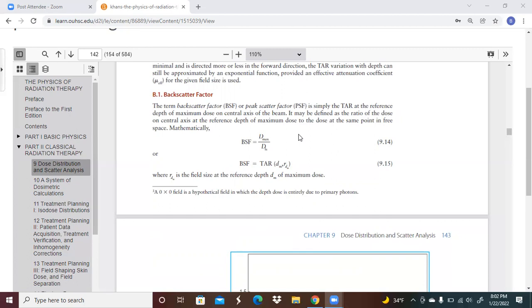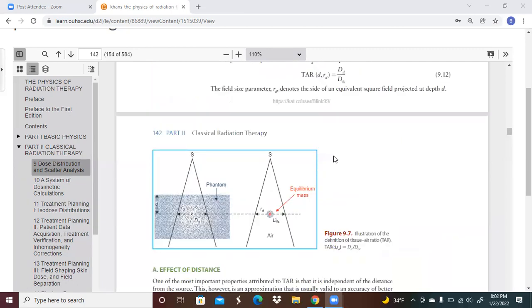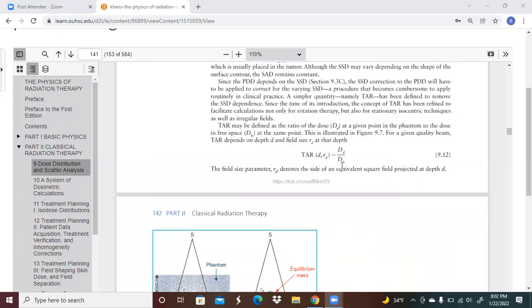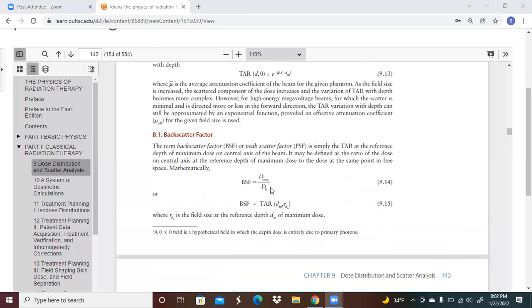It can be defined as a ratio of the dose on the central axis at a reference depth of maximum dose to the dose at the same point in free space. So in other words, rather than just looking for some depth, we're going to replace that with the dose at the maximum depth.